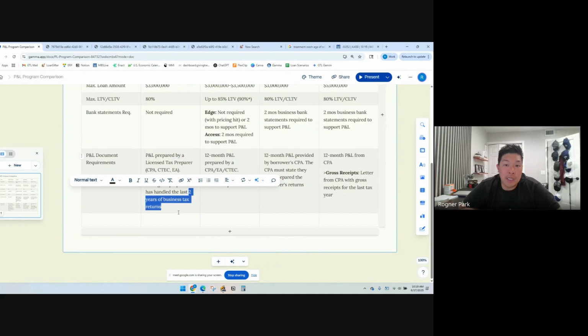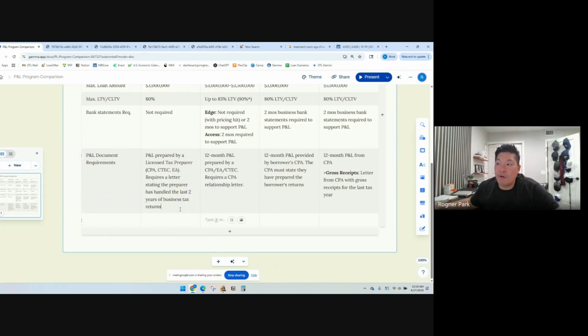Underwriter is going to condition for a CPA letter. It's basically a confirmation letter from the CPA, and part of that verbiage has to entail that they prepared and handled the tax returns, the last 2 years tax returns.